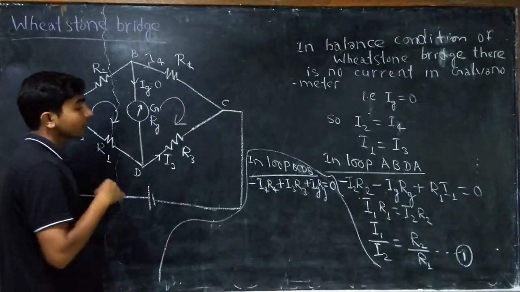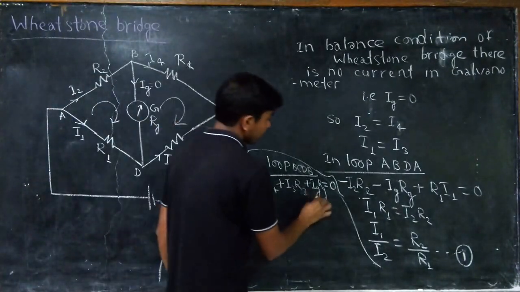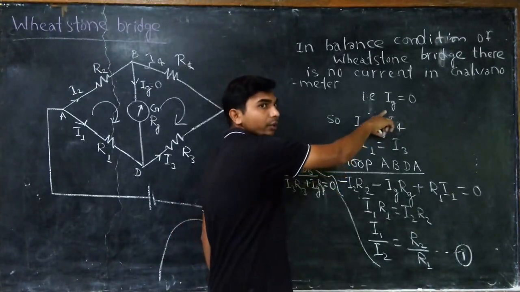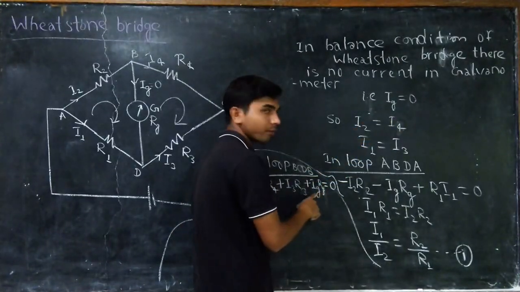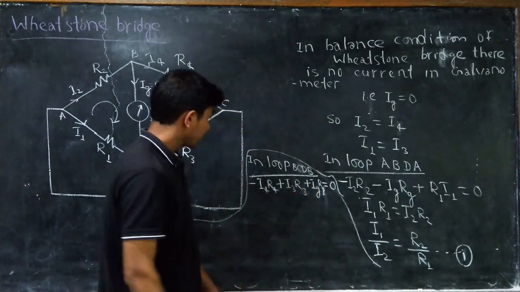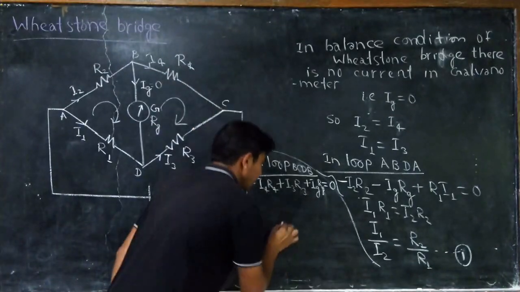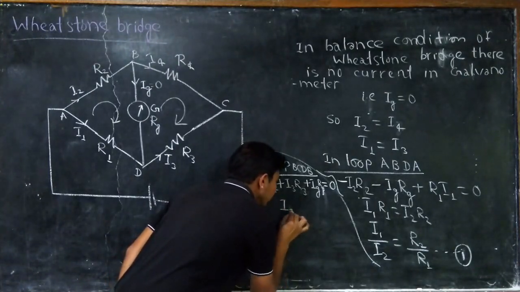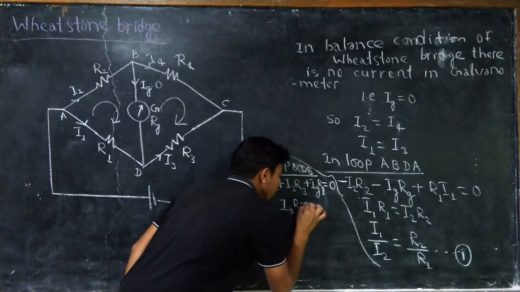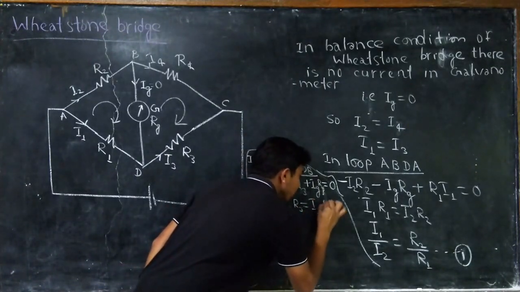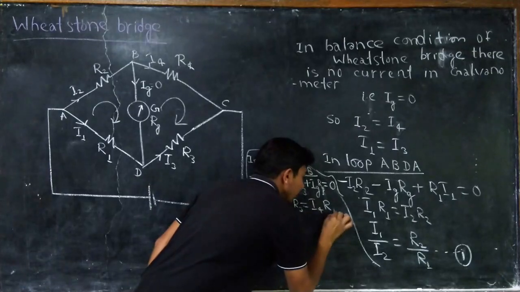Again now you are able to see that the value of IG is 0 because we are talking about the balance condition of the Wheatstone bridge, right? So this term is 0. So what value do you have? You have I3 R3 is equal to I4 R4, right?